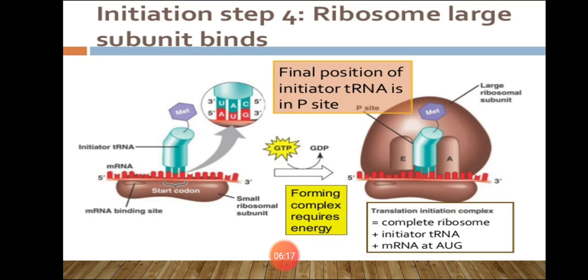Now, what happens? The large subunit of the ribosome joins with the smaller subunit with the help of Mg+2 ions.